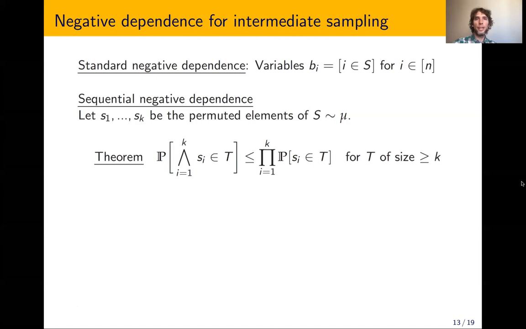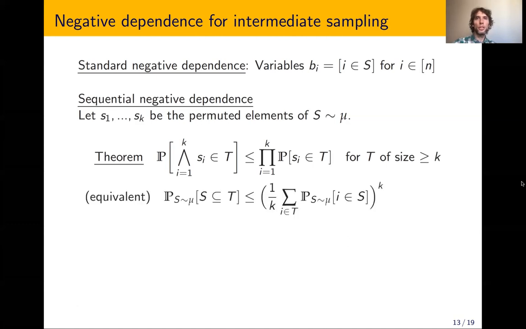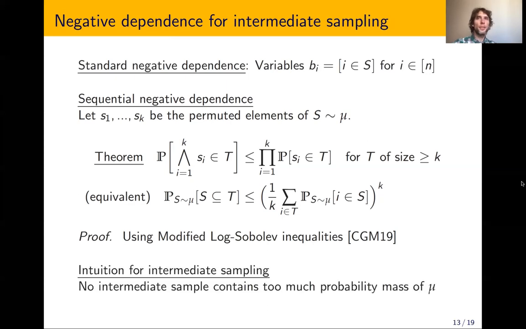A simple rewriting of both sides of this inequality shows that this is in fact a bound on the probability that the sampled set S is contained in T. To prove this, we use modified log-Sobolev inequalities developed recently by Cryan, Guo, and Mousa. Intuitively, this result ensures that no choice of intermediate sample contains too much probability mass of mu, and so a uniformly random choice will be sufficient.